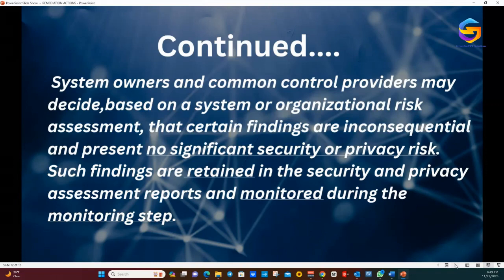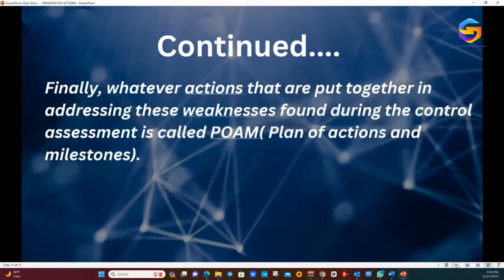Again, the key point here is that it doesn't affect or change the initial assessment report that has been done. So what do we have to do now? The reassessment, we put it together in the form of an addendum, and we just include that as part of the reports. Wow, I hope this really helps.